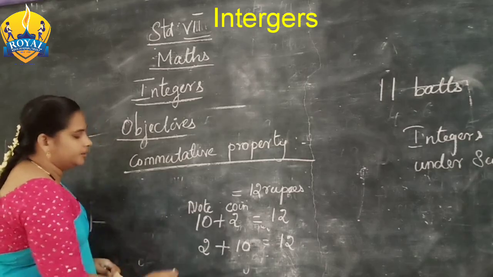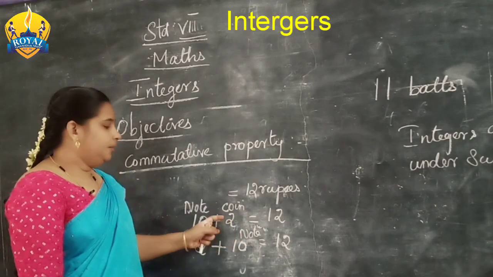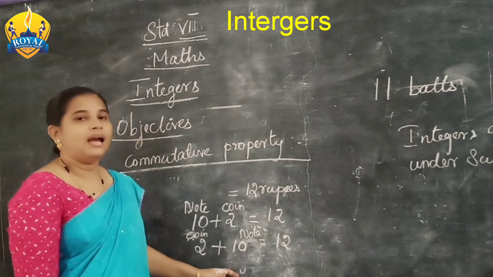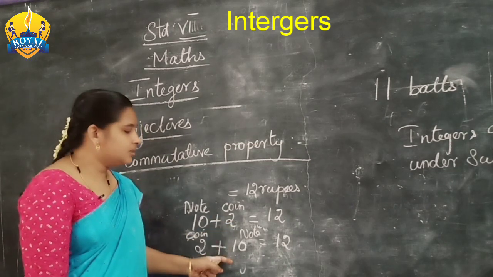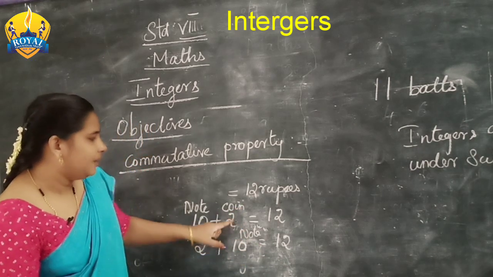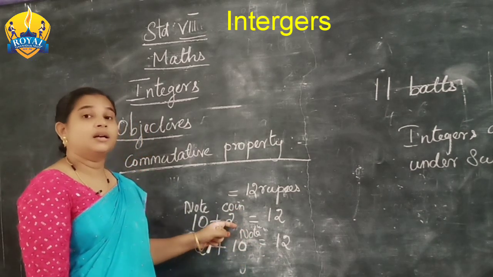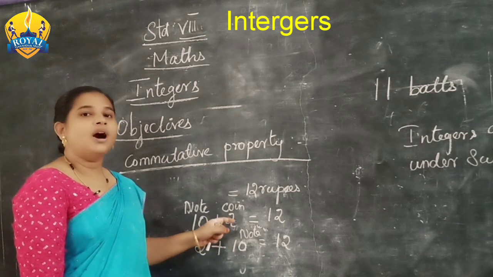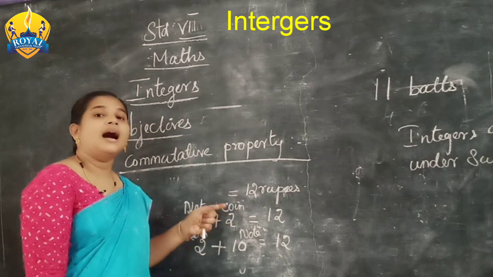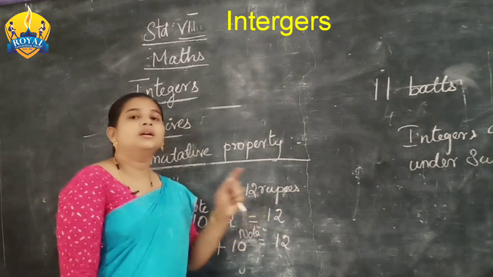In both cases we get the same answer. This means integers can be added in any order. Hence addition is commutative for integers.